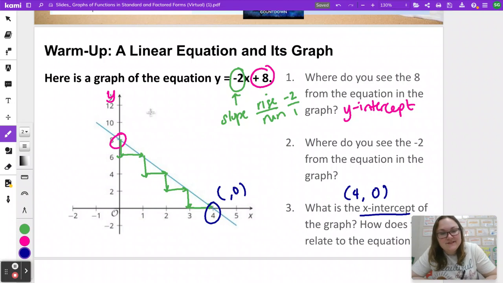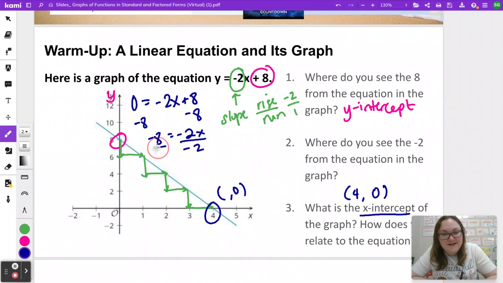And so if you make y 0 in that equation, and then you solve this equation here, you end up getting where that x-coordinate is. You get our x-intercept is at the number 4.